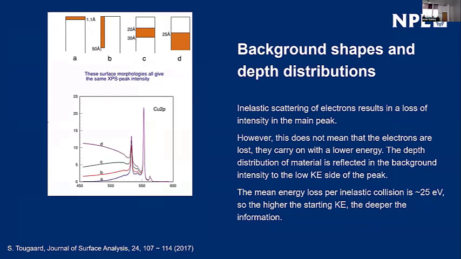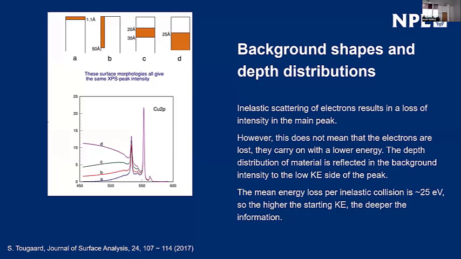But there is something that you can do, and that's ignore the peaks and look at the XPS background. Now, Sven Tougaard has a large number of papers on how the background shape in XPS changes with the depth distribution of material. So here, these all have the same peak intensity for copper. In A, all the copper is at the surface.